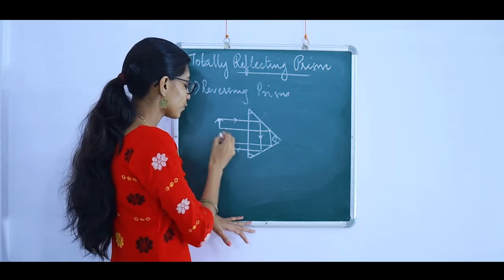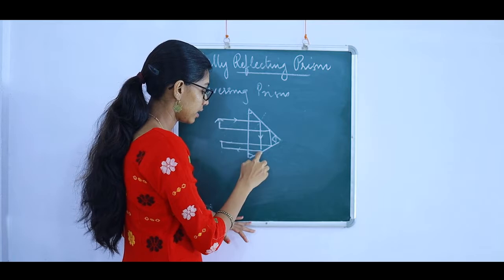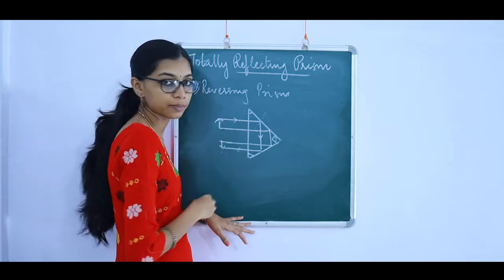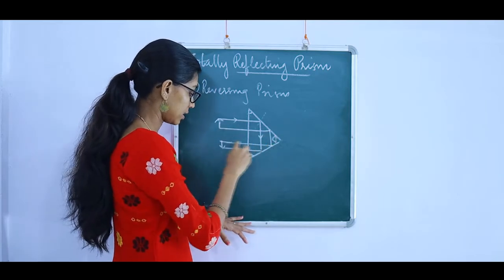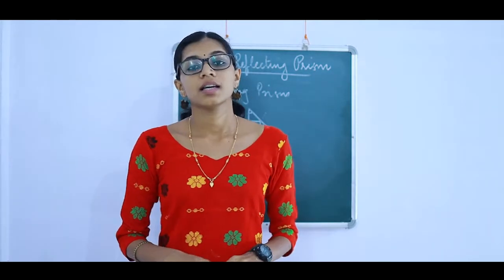So now this is the head, the tail. So you have a reversed image or an inverted image. Though it is inverted, we call it a reversing prism.